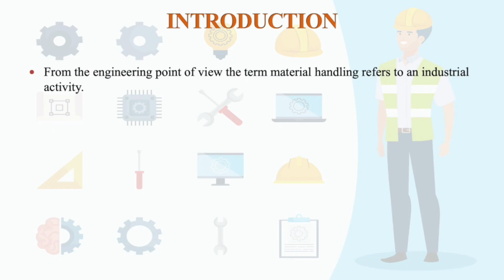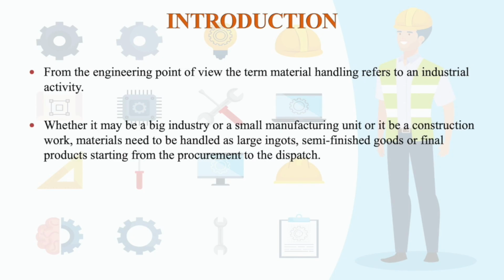From the engineering point of view, the term material handling refers to an industry activity, whether it is a big industry or a small industry, a manufacturing unit, or construction work.